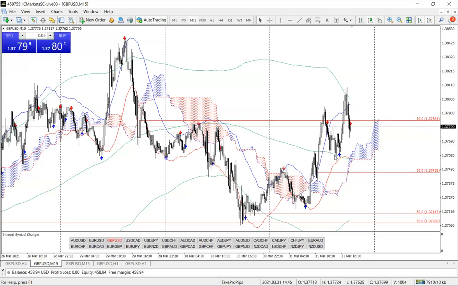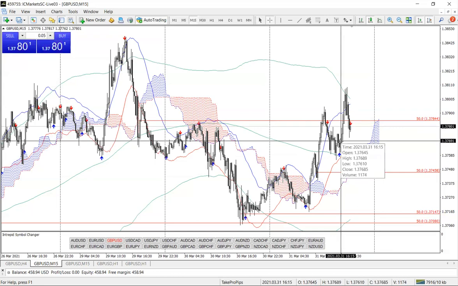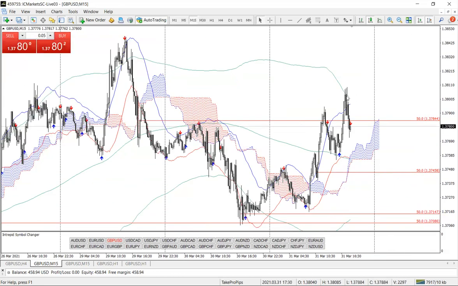So I continue adding. Now I'm adding with the profits. So the more I add, the more I am adding with the profits, and I have the confidence that it will continue going up to the target, which it managed to reach.